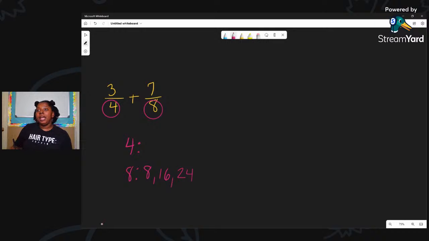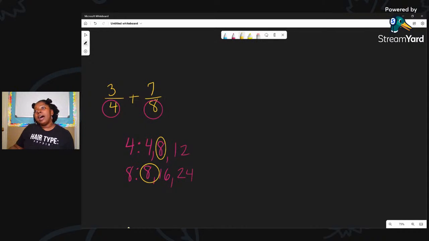Then start with the bottom number, 4. Do they have a 4 in common? No. What's next? 8, right? 12. Now look, they have the 8 in common. So that's going to be your common denominator right there. So basically, to find the common denominator, you count by both of those numbers until you get to a number that they have in common.